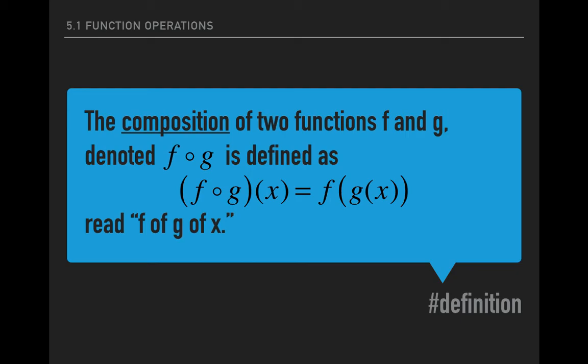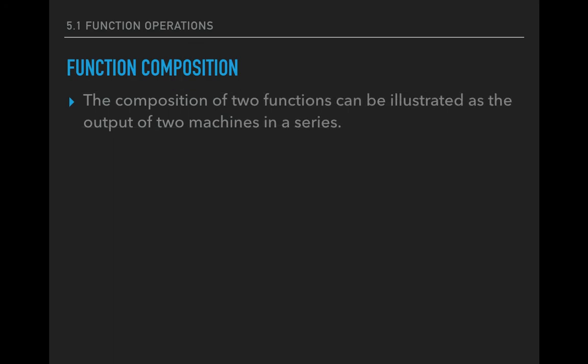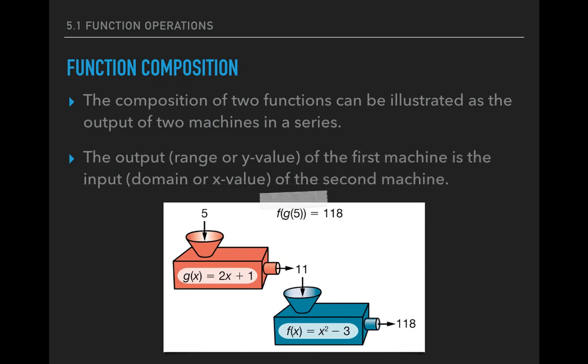Now that might be really weird looking, so let's try and use an illustration to help us out here. The composition of two functions, you can think about it as machines in a series. You take the first function, the one that was on the very inside, and the result of that, so you see we took 5, plugged it into our g function, and that gives you 11.